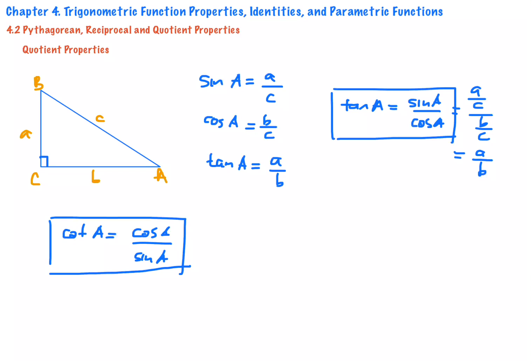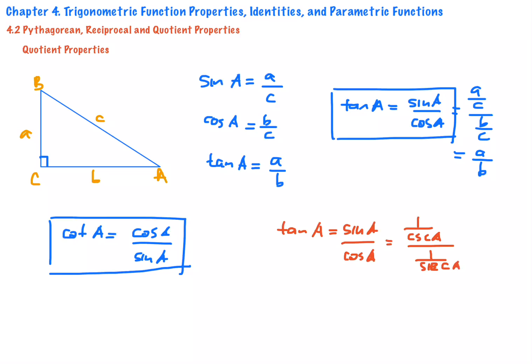If we extend it by combining it with the reciprocal properties, we know that tangent a is sine a over cos a. So cos a is the reciprocal of secant a. So if I have cos a, I'll have 1 over secant a.